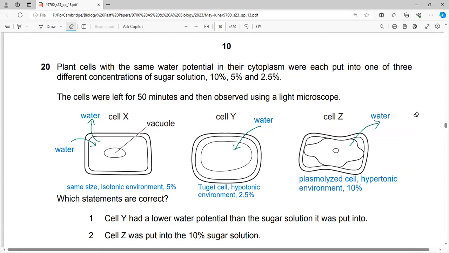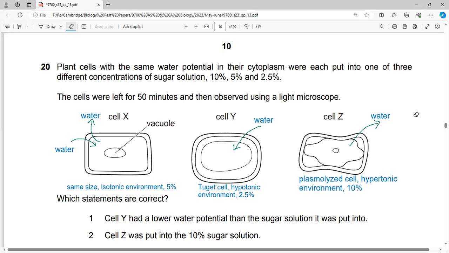Question number 20. Plant cells with the same water potential in their cytoplasm were each put in one of three different concentrations of sugar solution: 10%, 5%, and 2.5%. The cells were left for 50 minutes and then observed using a light microscope.